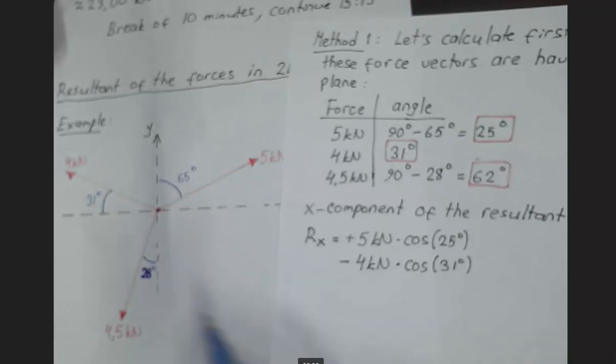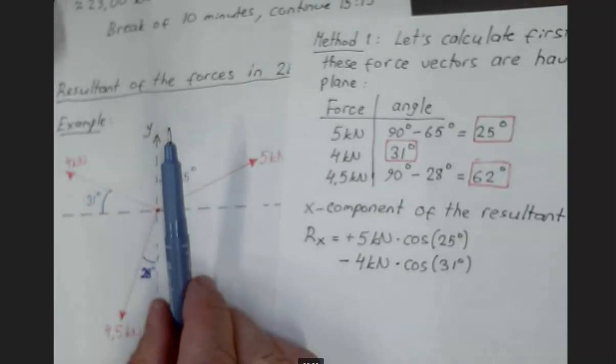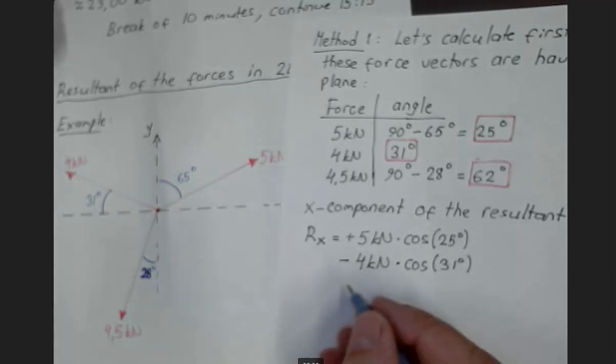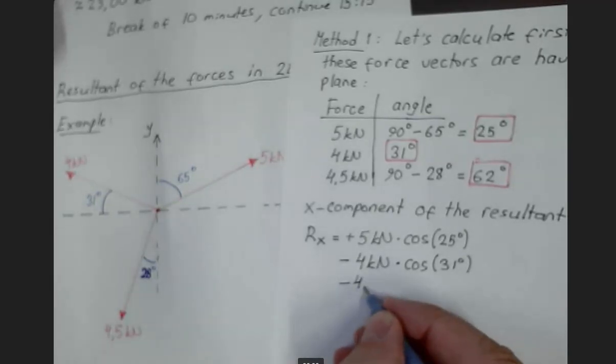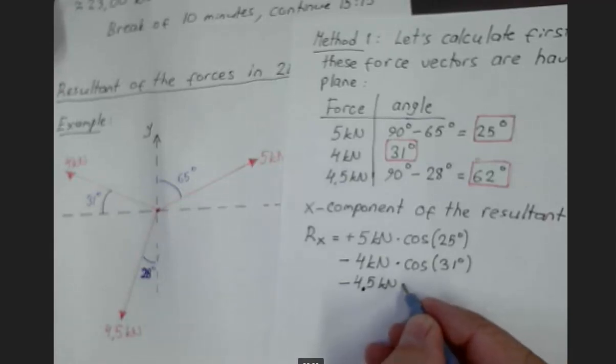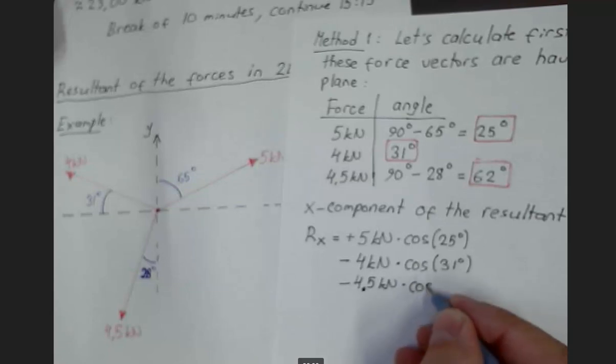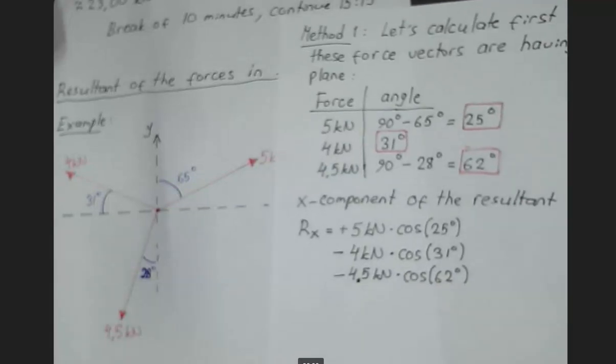And the last one, this 4.5 kilonewtons, also goes to the left hand side from this vertical plane, so that will also be minus, and the magnitude is 4.5 kilonewtons and the angle is 62 degrees, so we will get it like that.